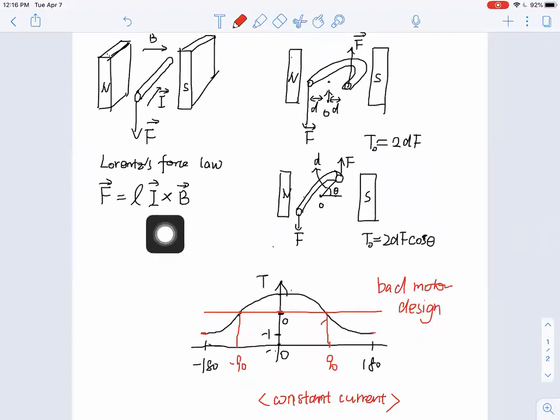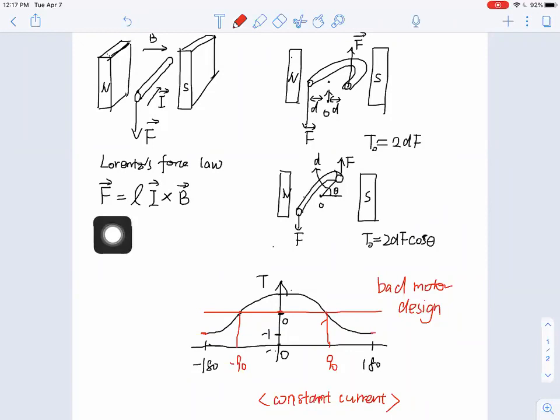We're going to look into how to improve this design later. But before we move on, let's go back to the most basic equation for an electric motor. Look at this: F equals L times I times B. If we want to build a motor, for example a DC motor for an electric go-kart or an electric car, and in order to improve the performance of the motor and give it a large torque, the torque is related to the force.